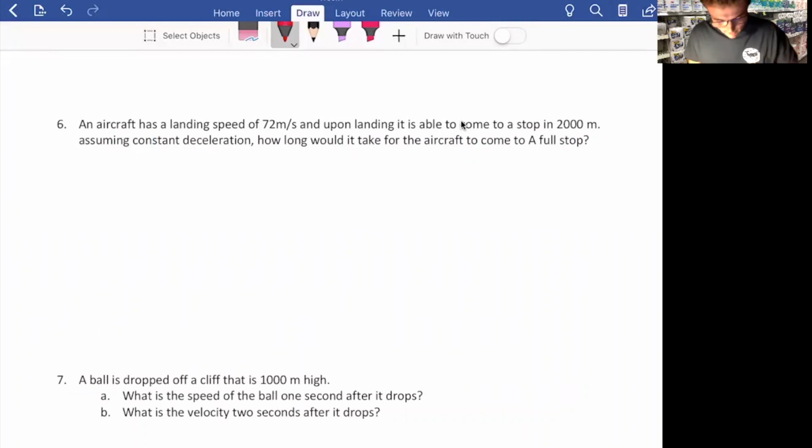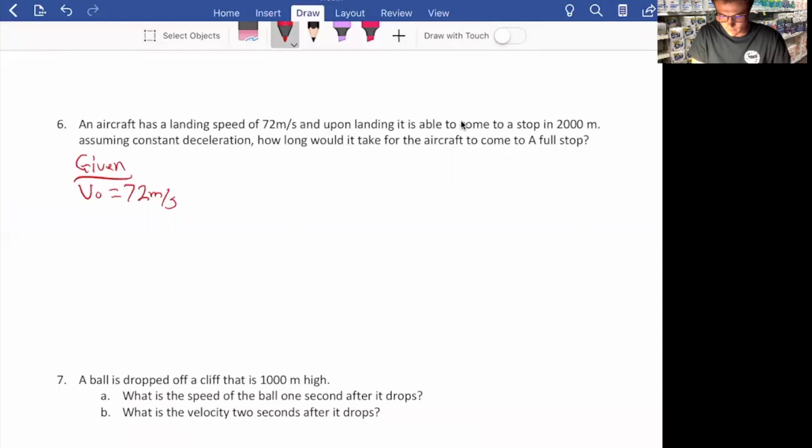Okay, so givens. What are our givens? The aircraft has a landing speed of 72, so our initial velocity is 72 meters per second.